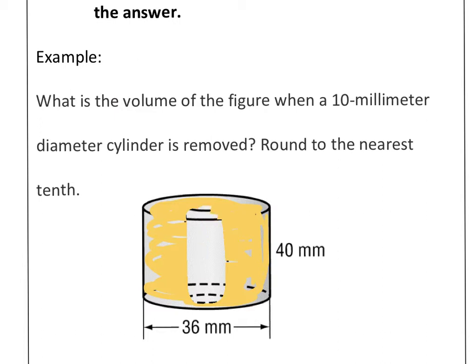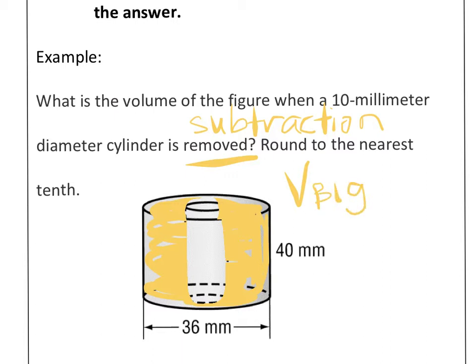Well, if I remove something, in math, that operation is subtraction. So it looks like in my plan I need to have subtraction in there. So my plan will be to find the volume of the big cylinder and remove or subtract the volume of the little cylinder.